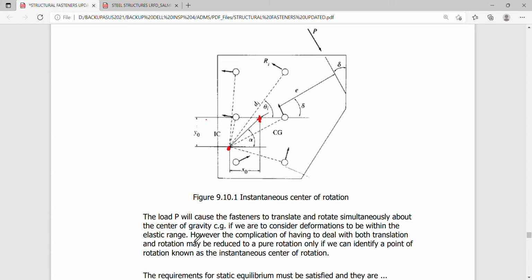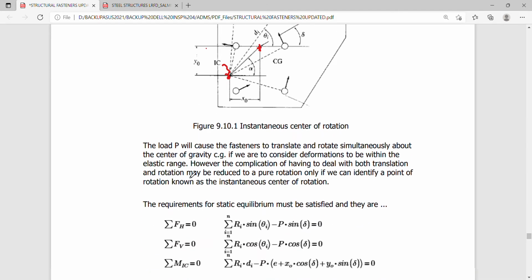So if we refer all rotations exactly at the instantaneous center of rotation, then our problem on both translation and rotation will simply be reduced to a rotational or a moment problem.